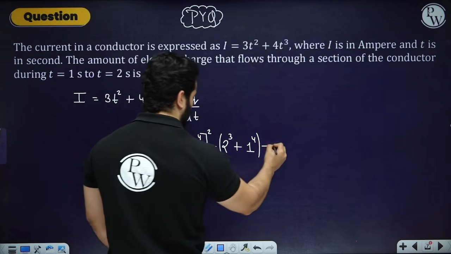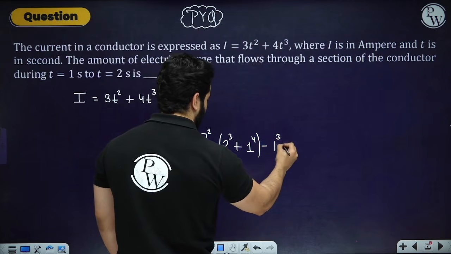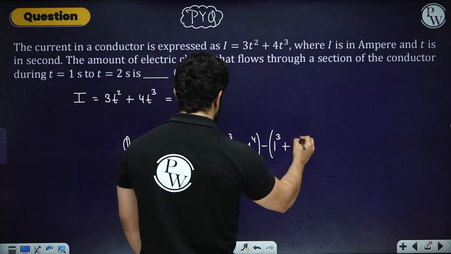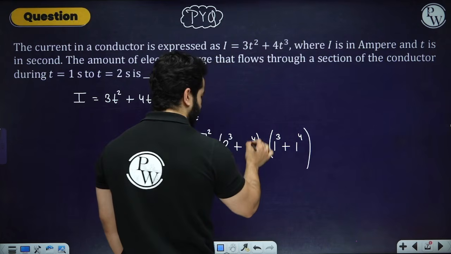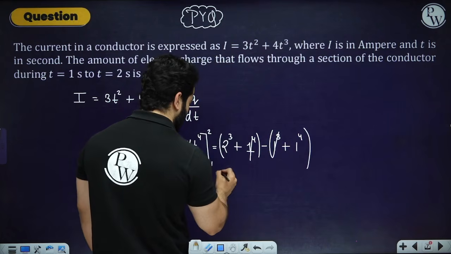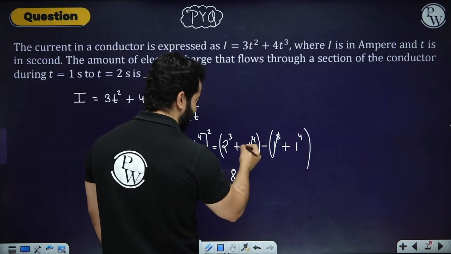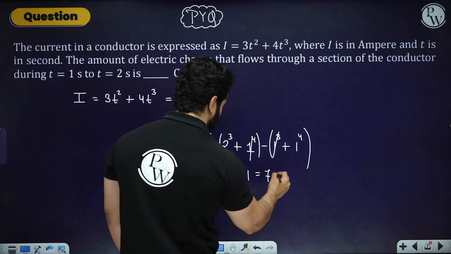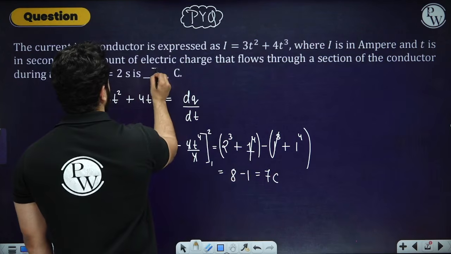So this will be nothing but 8, minus 1, which is going to be 7 coulombs. So the answer for this question is 7 coulomb.